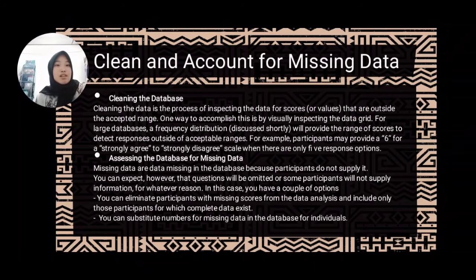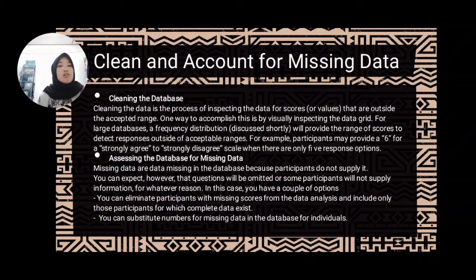And next, clean and account for missing data. The first, cleaning the database. Cleaning the data is the process of inspecting the data for scores or values that are outside the accepted range. One way to accomplish this is by visually inspecting the data grid.